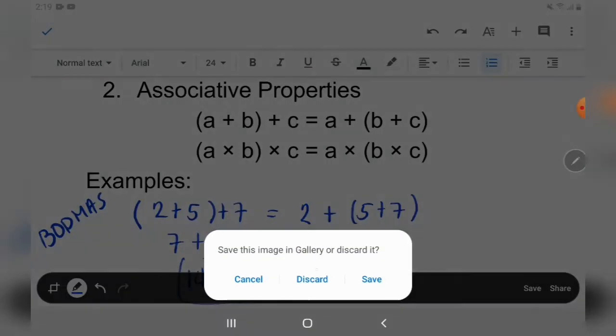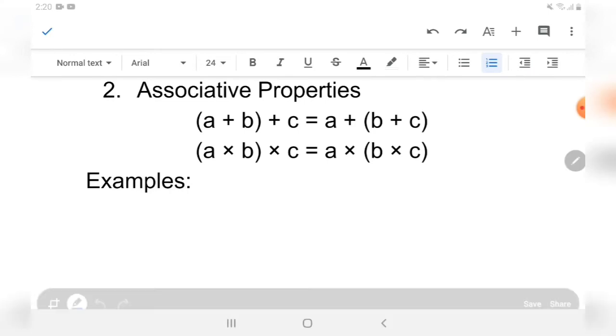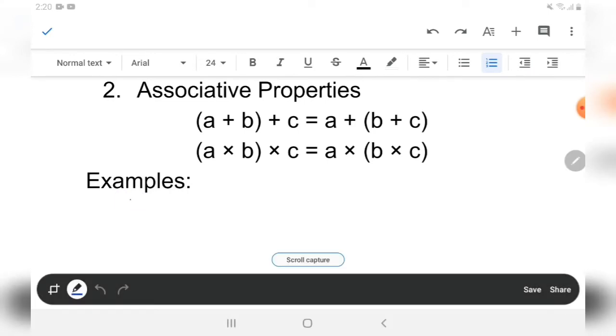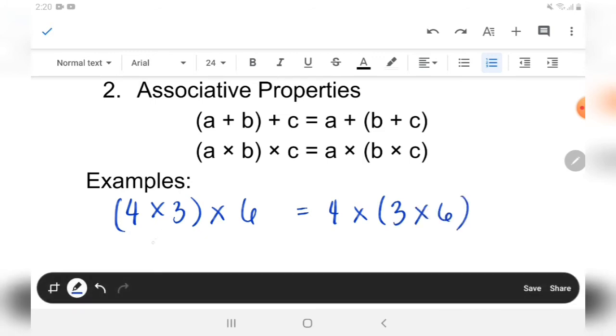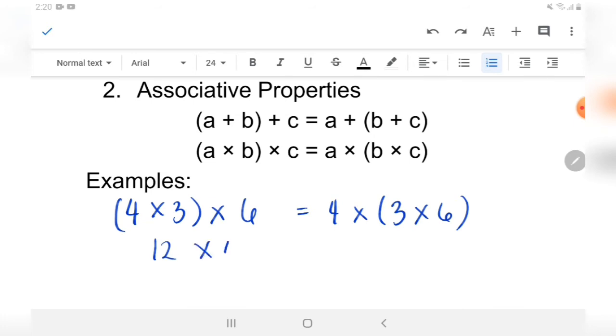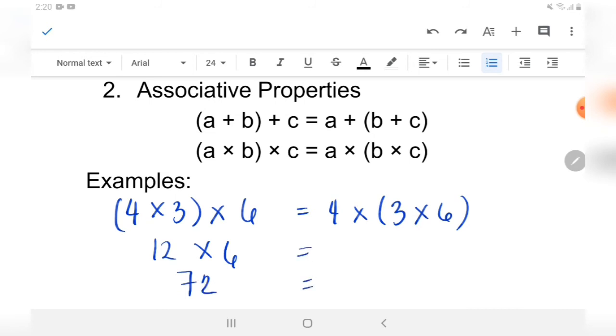Okay, how about in multiplication? Let's take an example. This 4, parentheses, times 3, times 6 equals 4 times 3 times 6. Okay, let's check. 4 times 3, 12 times 6 equals 72. Brackets first, so that is 18.